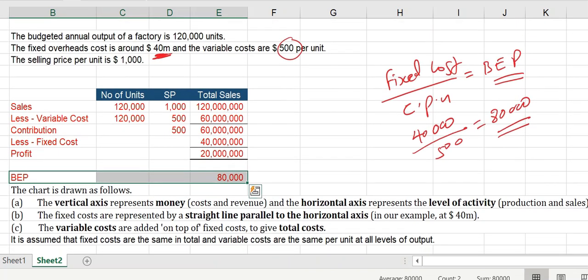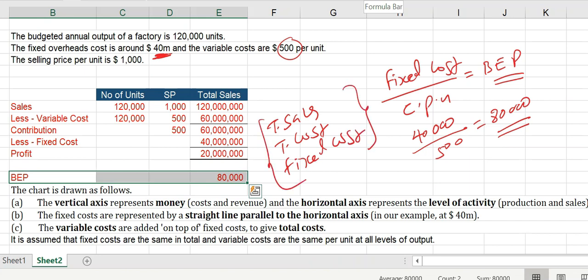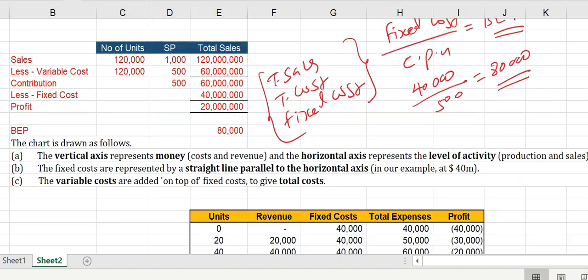Now, in order to plot the chart, you need to identify the total sales, total cost, and then the fixed cost. So these three lines will have to be drawn on the break-even chart to calculate the break-even point.